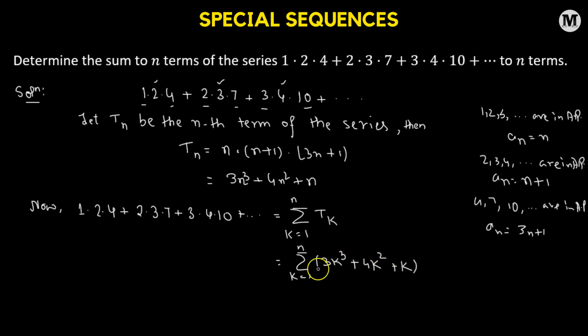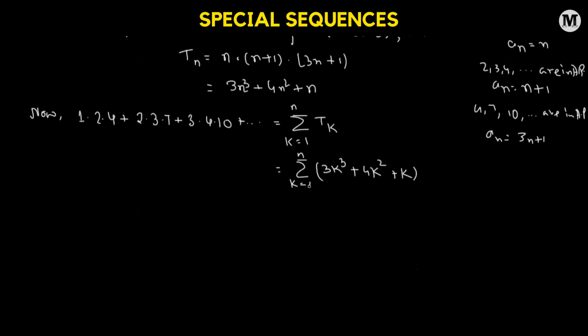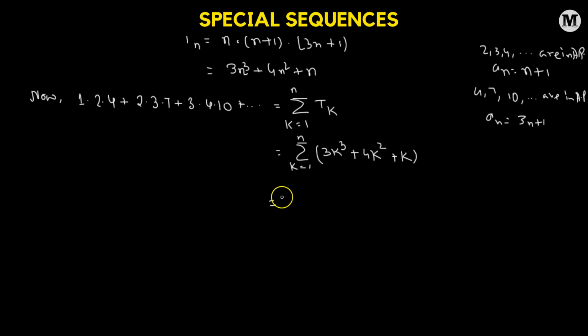All we have done is replace the index n with k. Now this should give us 3 multiplied by the summation of k cubed, where k runs from 1 to n, added to 4 times the summation of k squared, where k goes from 1 to n, added to the summation of k, where k goes from 1 to n.